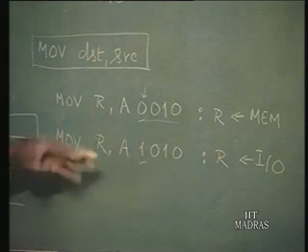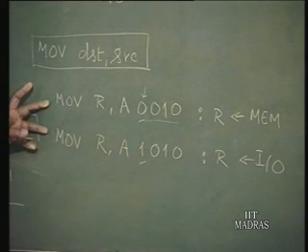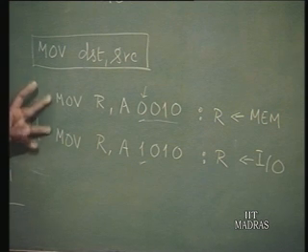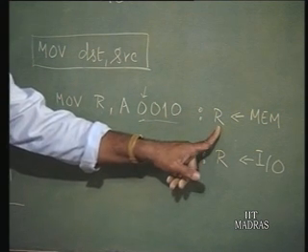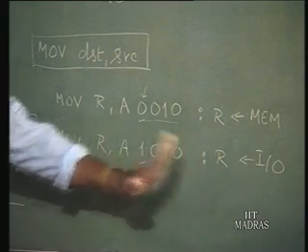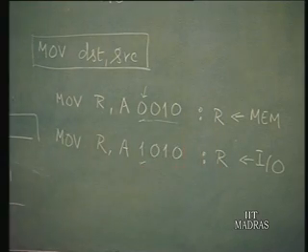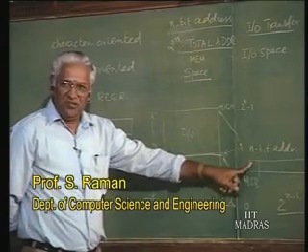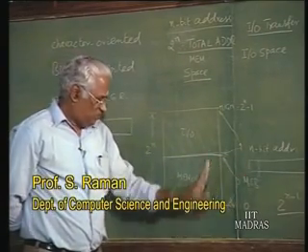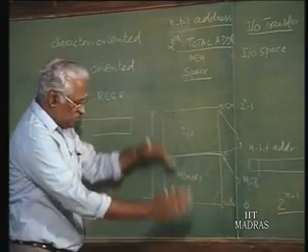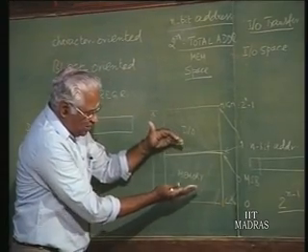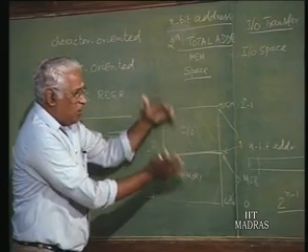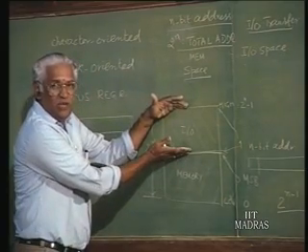So, what is it I am doing? I am using the same instruction. By using the same instruction, I am either dealing with memory or with IO, mainly because I have arranged in such a way that the total address space I am dividing in such a way that 0 corresponds to memory, which means essentially all those addresses should correspond to memory block, and all the device addresses must correspond to IO devices.